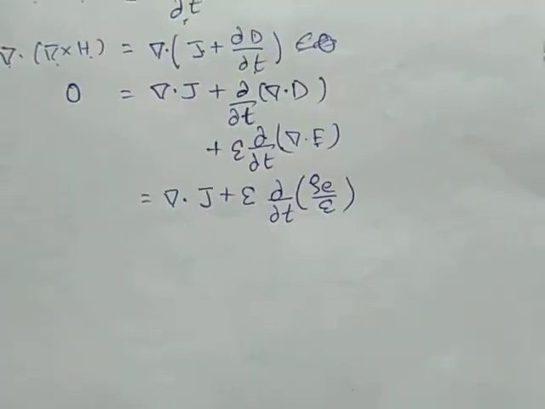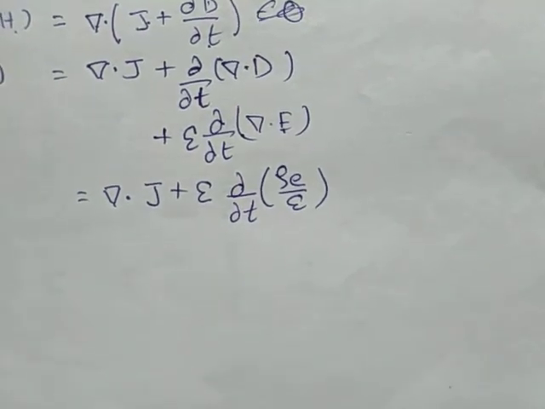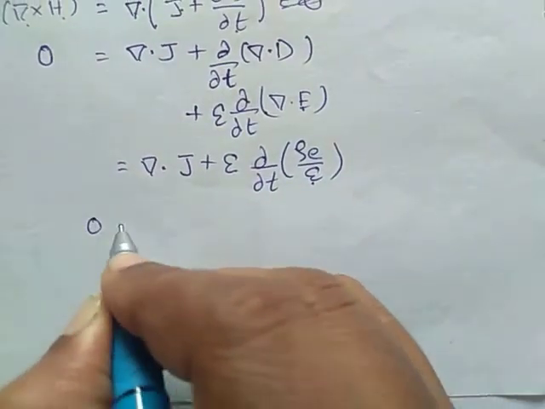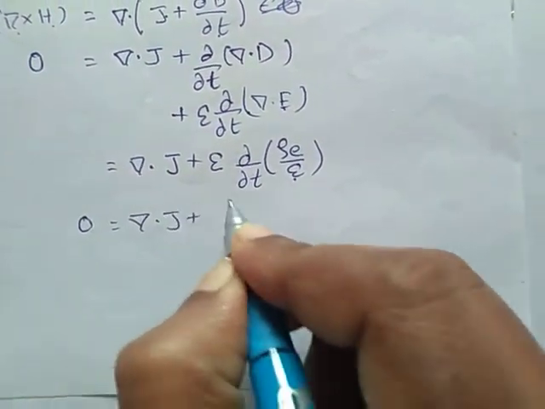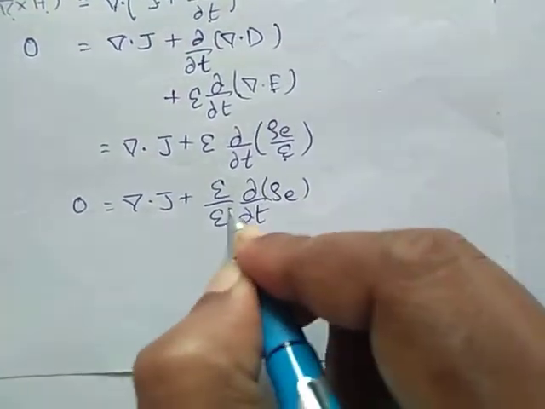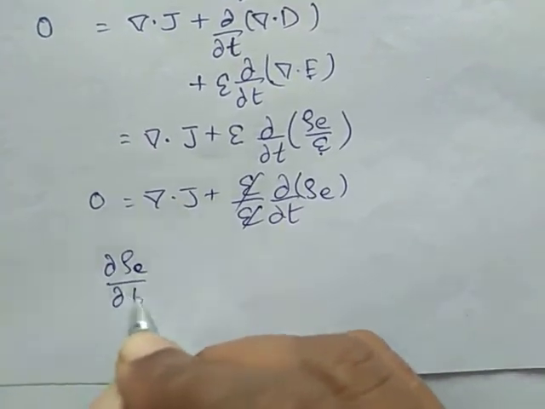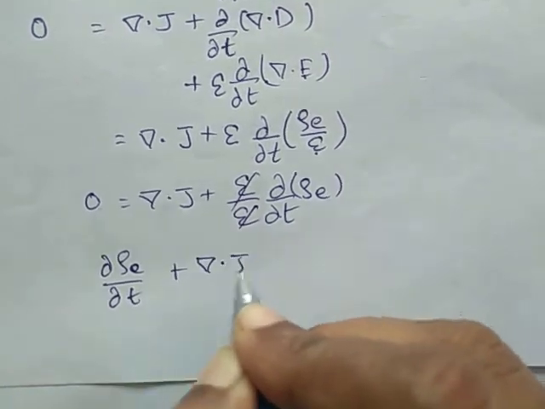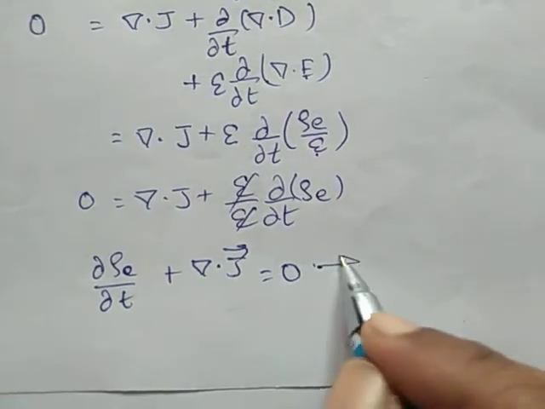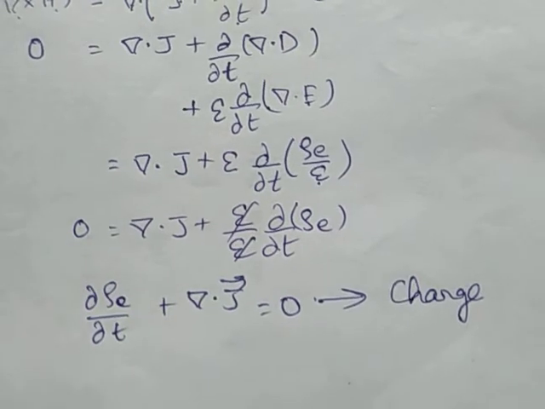Using Gauss law, I have substituted del dot E is equal to rho E by epsilon. Epsilon is constant, so we can write epsilon by epsilon dou by dou t of rho E. So we got dou rho E by dou t plus del dot J is equal to 0. This is the continuity equation for charge. This is the required continuity equation for charges.